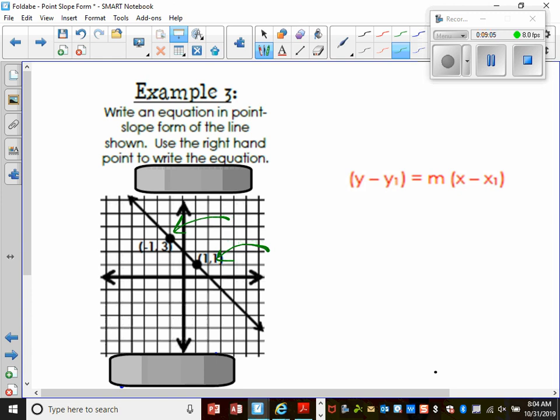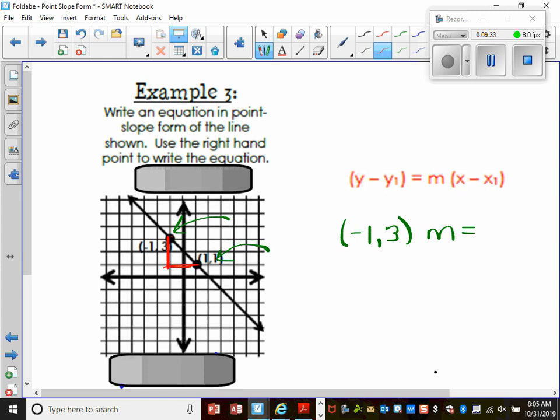So here's my point, -1, 3. We'll start with that one first. And since it's in point slope form, and I know my point, my first point will be -1, 3. What am I missing? I'm missing the slope. So I can take these 2 points that they have identified, make my triangle, okay?